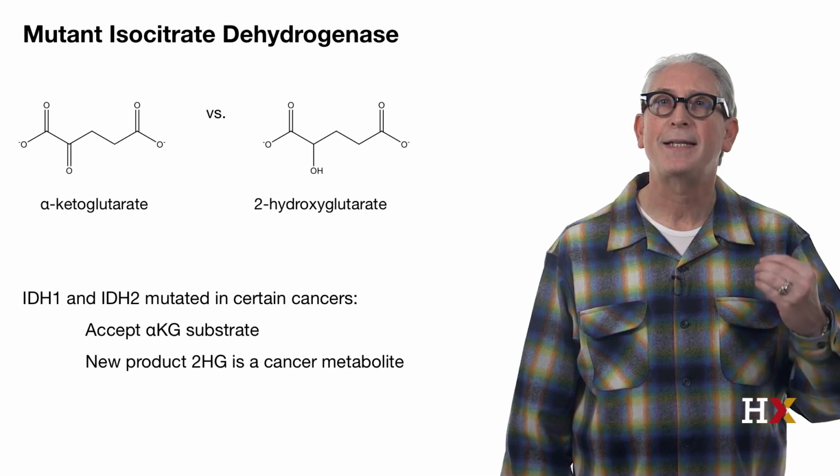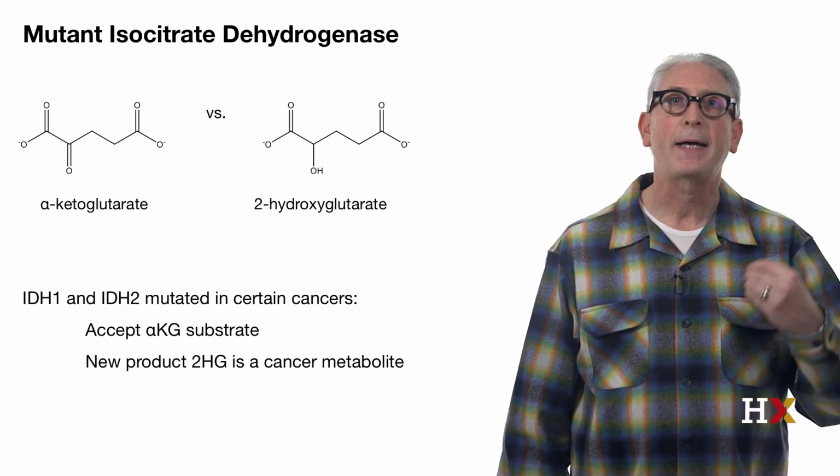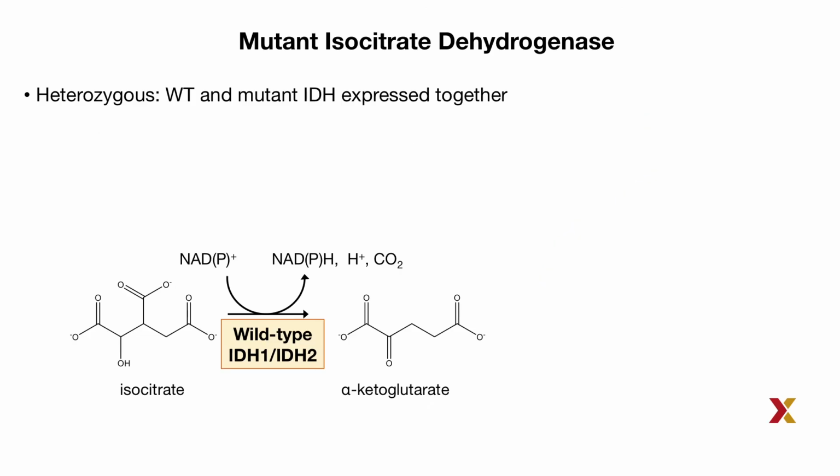How does mutant IDH activity impact the cell's metabolism? Importantly, the mutations in IDH1 and 2 affect only one copy of the genes. So these cancer cells express wild-type IDH, produce alpha-ketoglutarate needed for the survival of cancer cells, and generate NADPH.